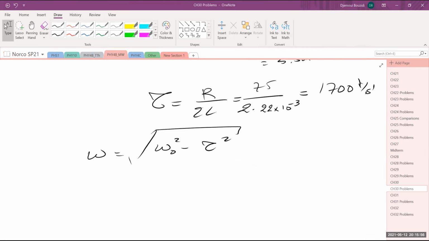Don't forget that I need to square it, because if I forget to square it, it's not good. I could also have done it as 1 over LC, minus this number squared, under the square root.